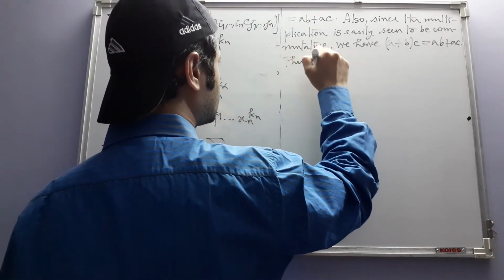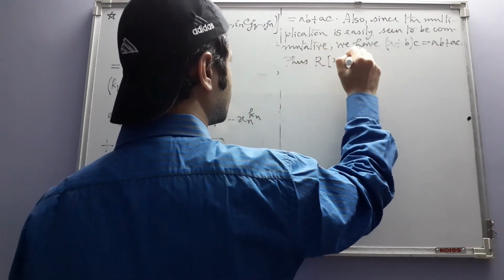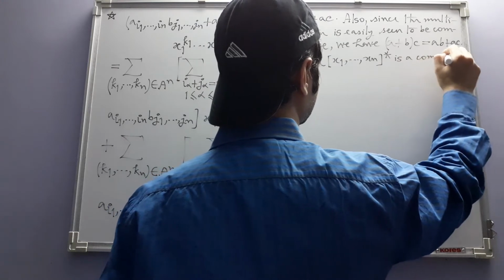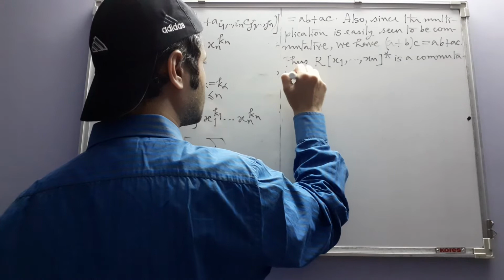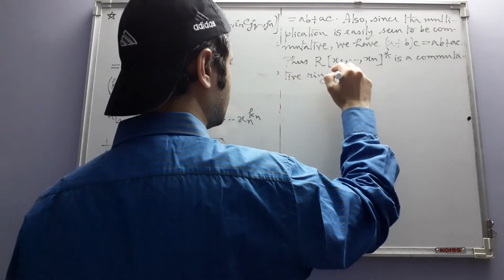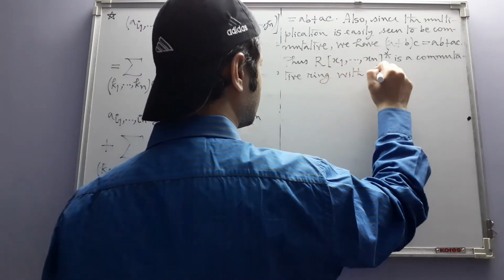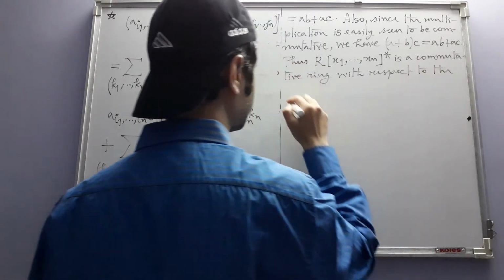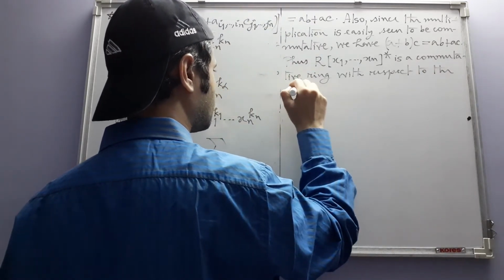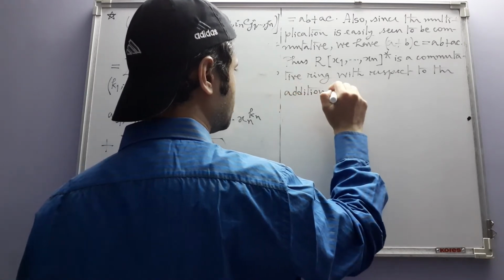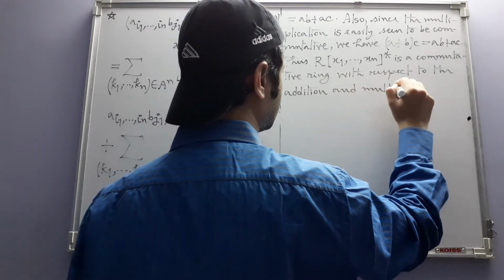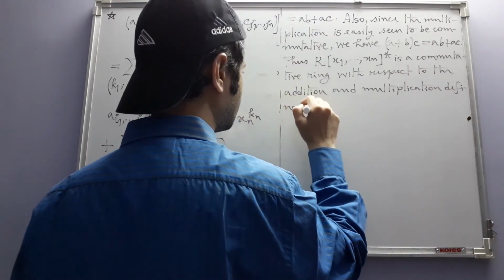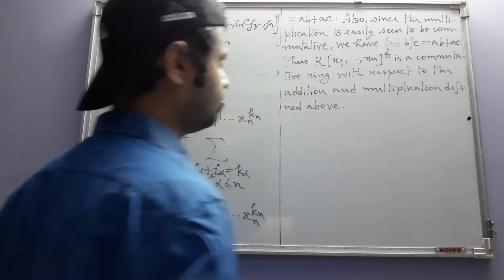Thus, this is a commutative ring with respect to the addition and multiplication defined above.